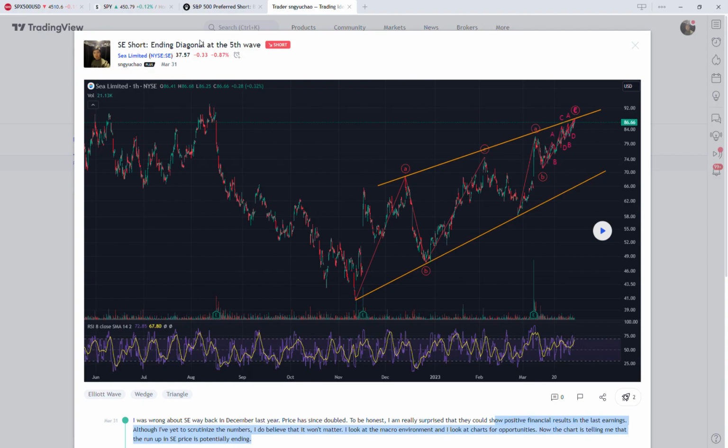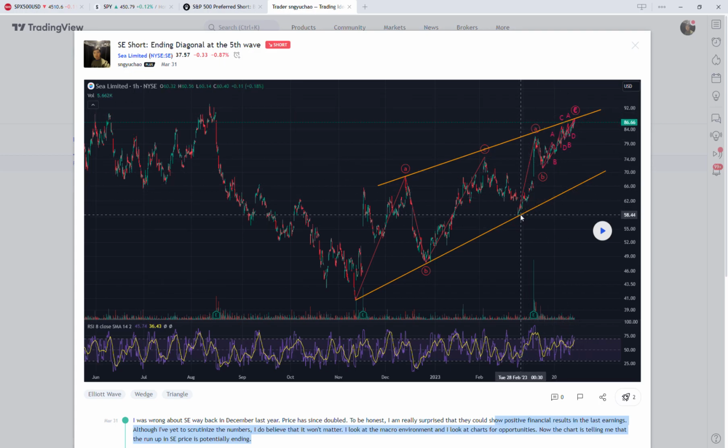On the 31st of March, I used Elliott Wave again, and you can see over here that for the 10th of November, which is the low, I start counting the Elliott Wave, and I count it this way: A, B, C, D, and this E is actually quite interesting. Why?